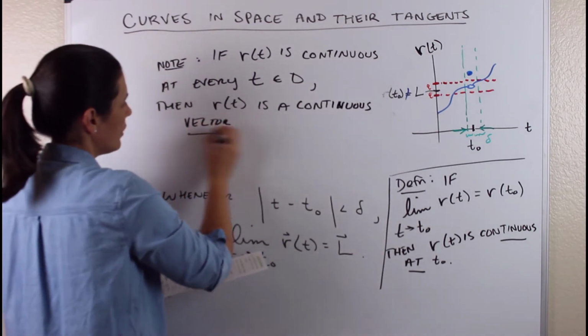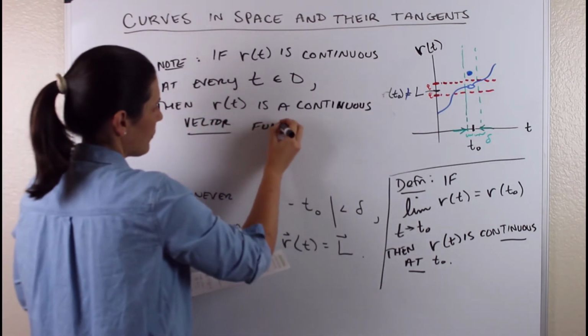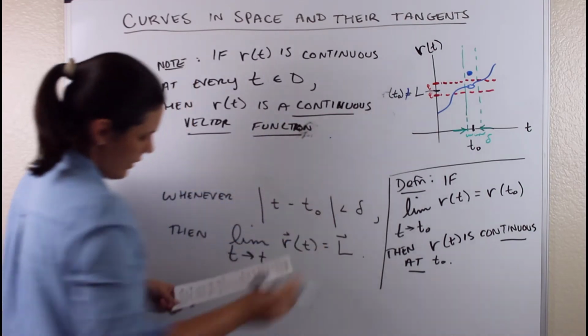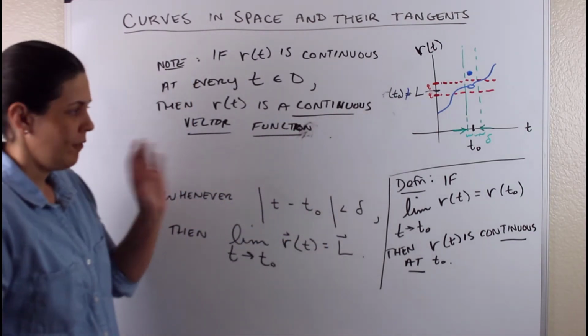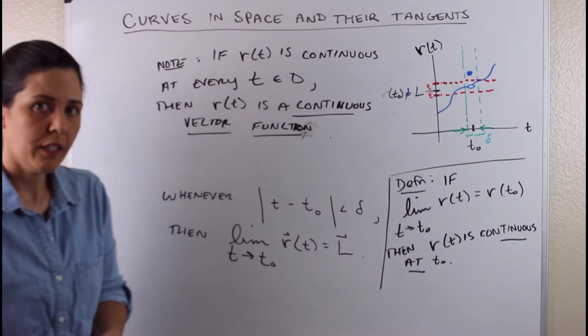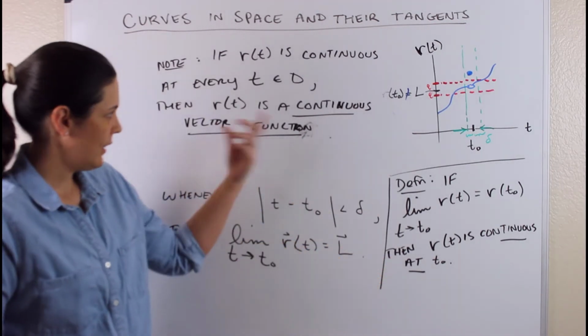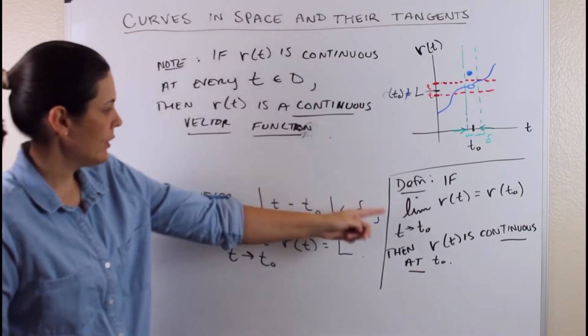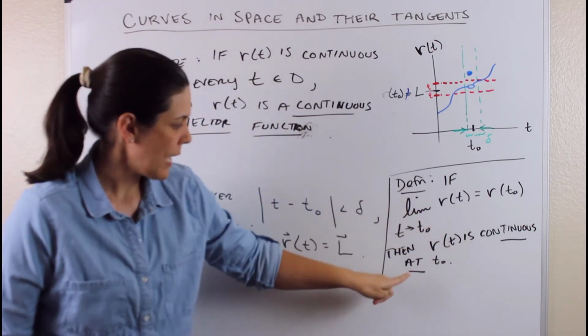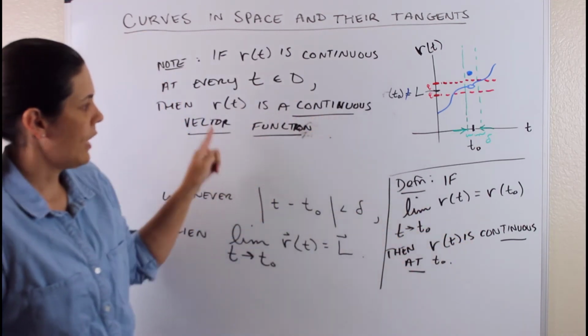Very straightforward if you think about it. If your function is continuous at every single point that you possibly plug in, then it's a continuous function. So the only distinction here is this is continuous at a point, this is continuous everywhere.